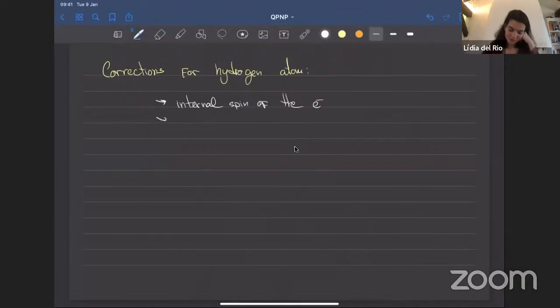Then we also have actually the internal spin of the proton, which we've not talked about at all. So this will give a very, very, very fine splitting in the energy levels.